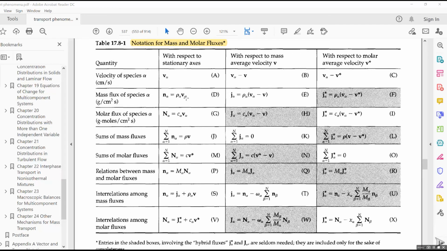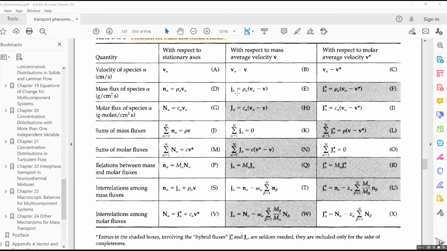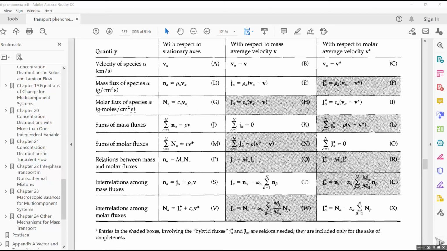So now with respect to mass average velocity, we can just write that one for the J alpha diffusivity, and with respect to molar average velocity, we can write the molar diffusion term here, and the molar flux of the species alpha we can write as C alpha V alpha.